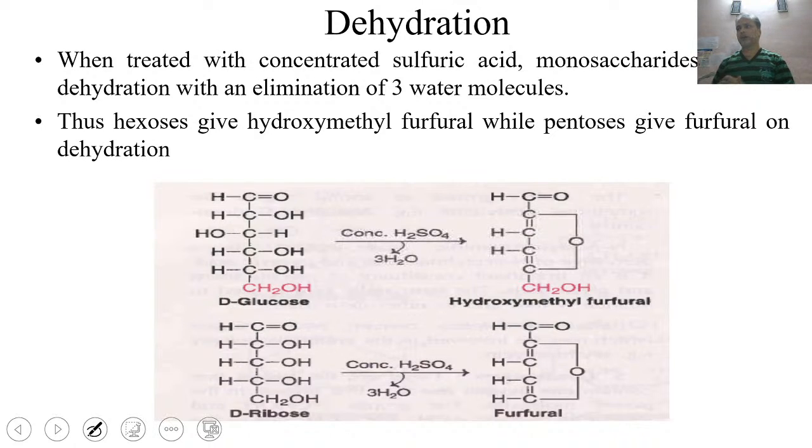Next property of monosaccharides is dehydration. Whenever any compound has more than one alcohol group, more than one OH group, it can go for dehydration reactions. Carbohydrates like glucose have multiple OH groups, which means it is a polyhydroxy compound.